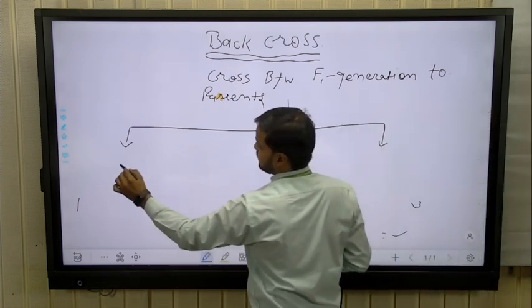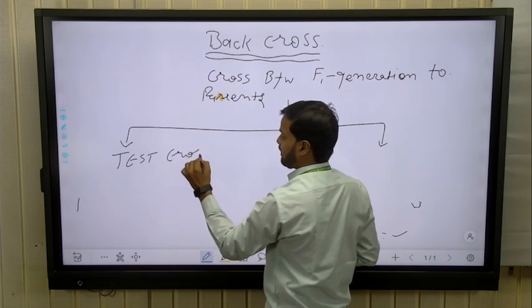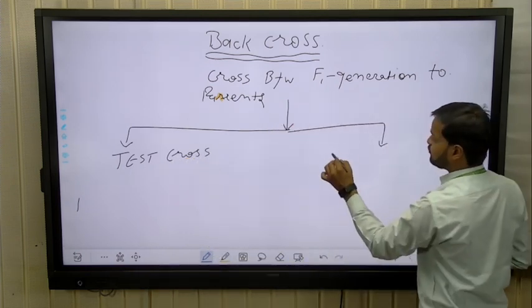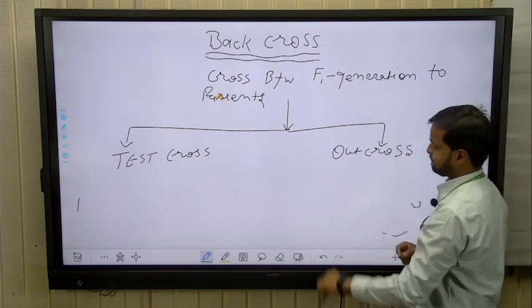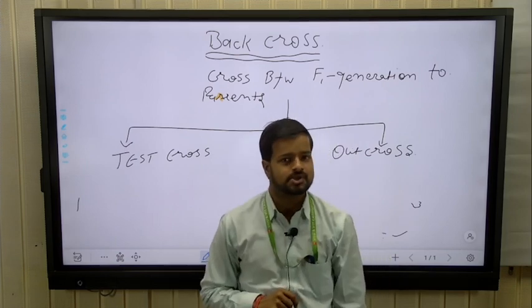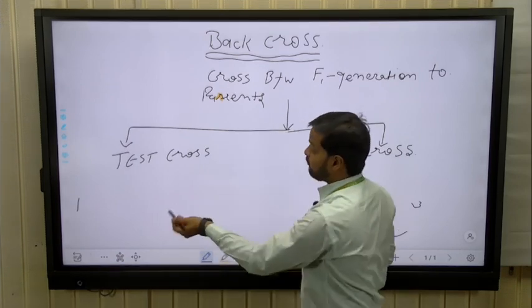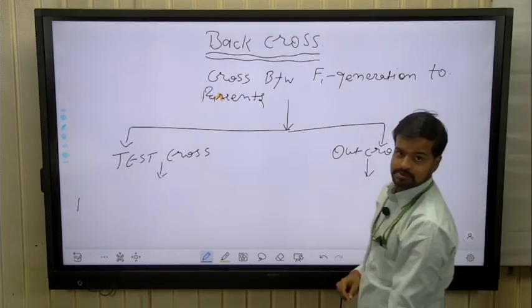It has two parts. First one is test cross, second one is out cross. It is clear, that means back cross has two parts. First one is test cross, and second one is out cross. And what is test cross and what is out cross?